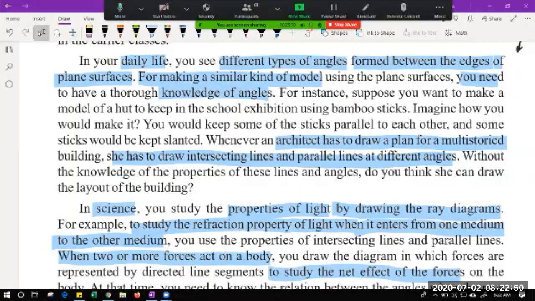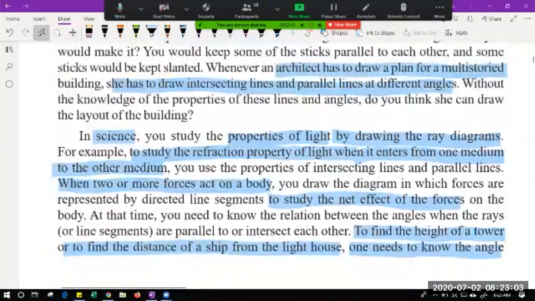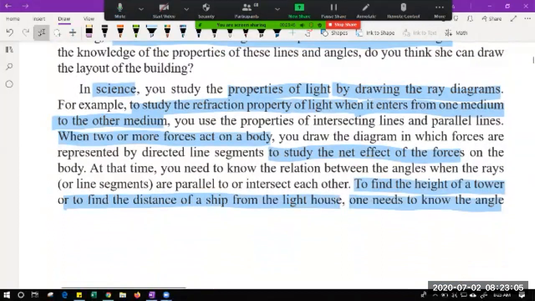Similarly, as I have told you in the lecture, an architect has to draw a plan for a multi-storied building. She has to draw intersecting lines and parallel lines at different angles. You can understand that if an architect does not have knowledge of these lines and angles, she could not draw them. Similarly, in science I've told you about the properties of light, that is reflection and refraction. You will study reflection and refraction.